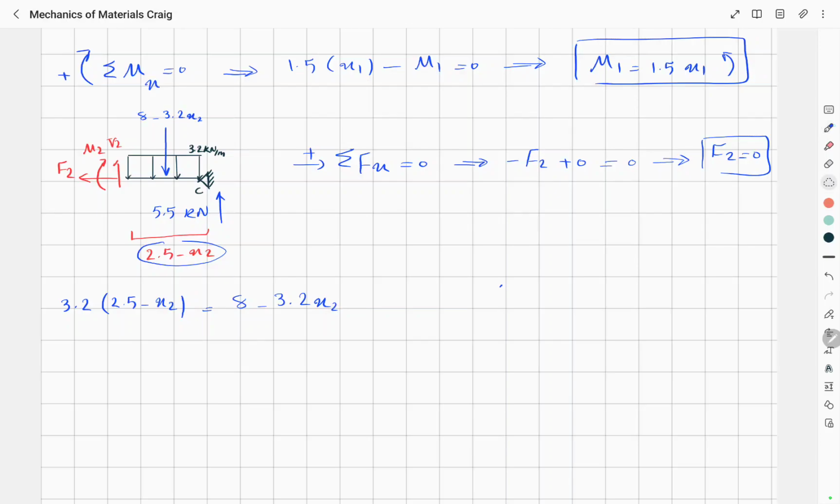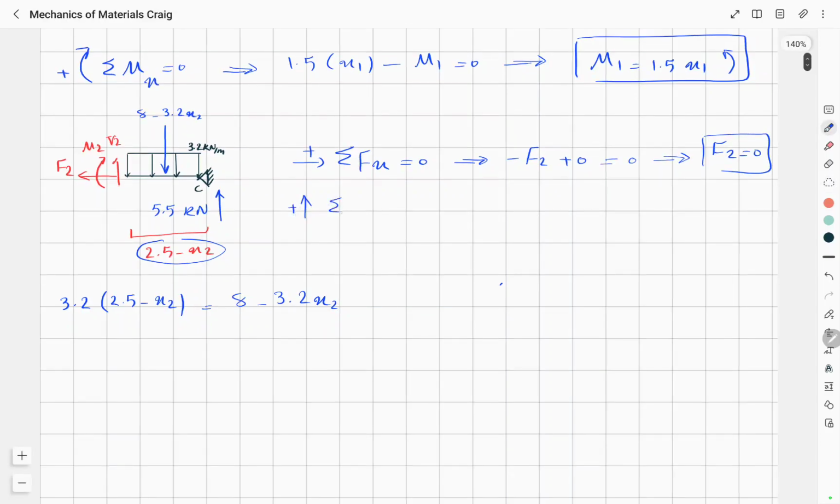So we have sigma Fy equal to 0, V2 minus 8 minus 3.2x plus 5.5 is equal to 0. So V2 is equal to 2.5 minus 3.2x2 in this direction.